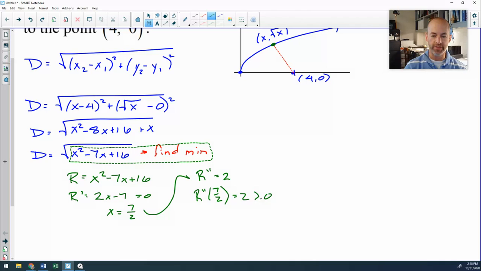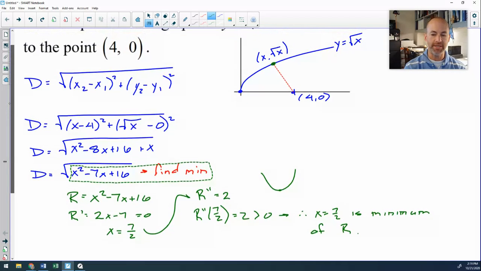If your second derivative is positive, that means you're concave up. If you're concave up at a critical number, then you must be looking at the minimum. So therefore, x equals 7/2 is the minimum of that function r. And so there I have 7/2, I have the minimum.